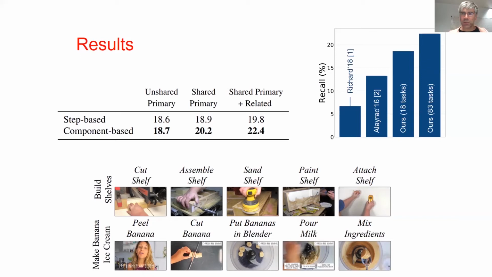So a few things to note. First, going column-wise, sharing really helps, and it does help also with the related tasks. So this is nice.